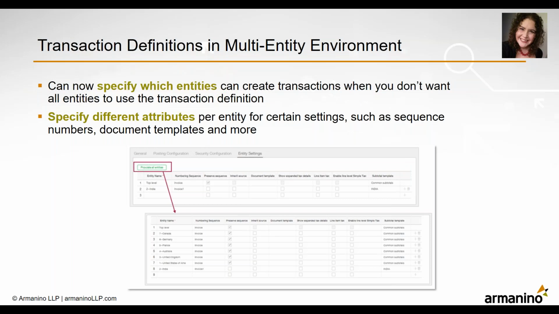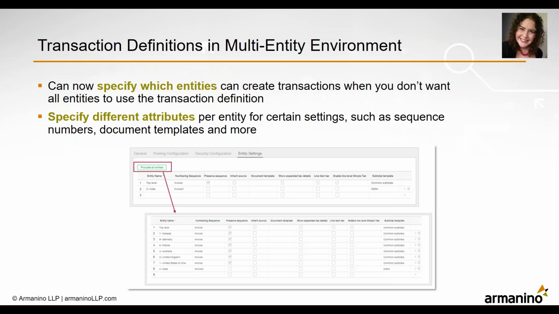You can see I've got a screenshot up here of the different things that you can change to have available in various different entities. So a lot more flexibility now as to setting them up at the top level and controlling this, and maybe just having one transaction definition and controlling that kind of entity setting.